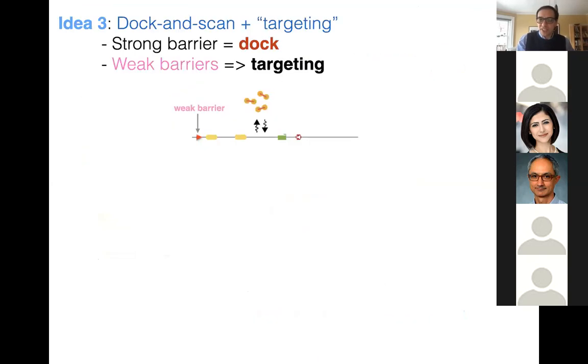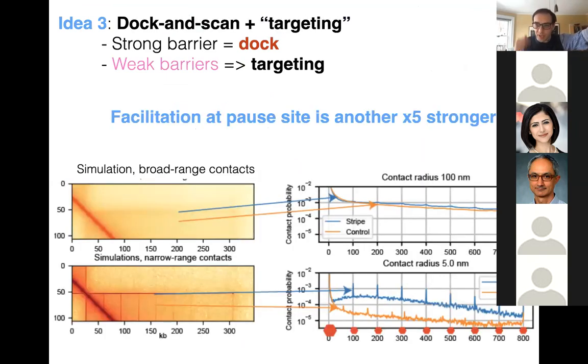What features of CTCF do this? We don't know. There was a nice crystal structure from Benjamin Rowland's group and Daniel Payne that argued that there is a specific motif of CTCF that is recognized by cohesin, and then presumably these specific interactions between cohesin and CTCF is what stabilizes cohesin on DNA.